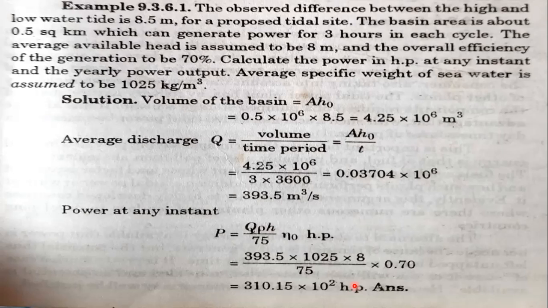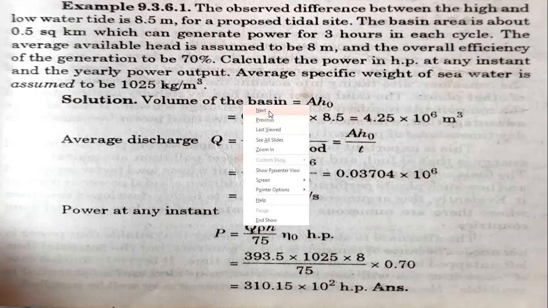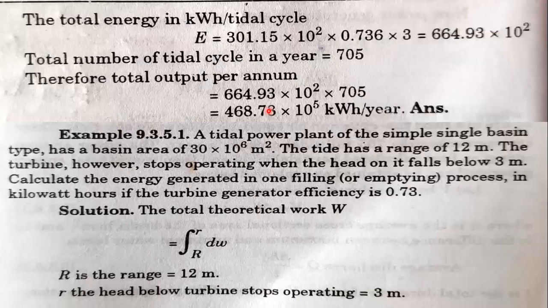And we have to calculate the yearly power output. So for this, the total energy in kWh, E, is equal to, we know that E is equal to P into 0.736 into 3 hours time. Here, what is the formula of E?